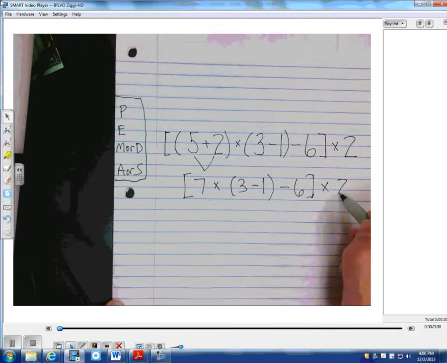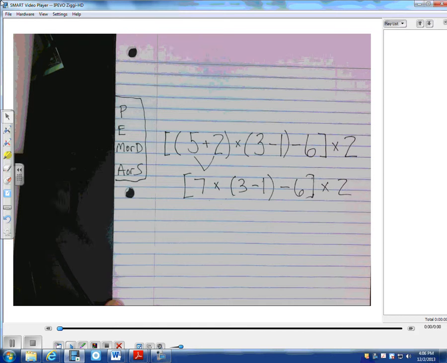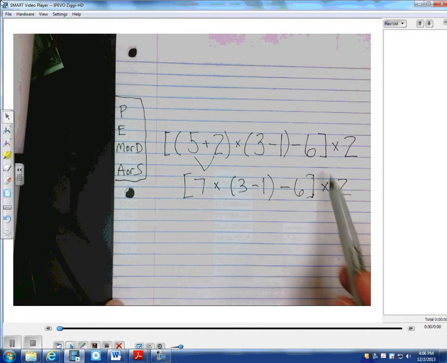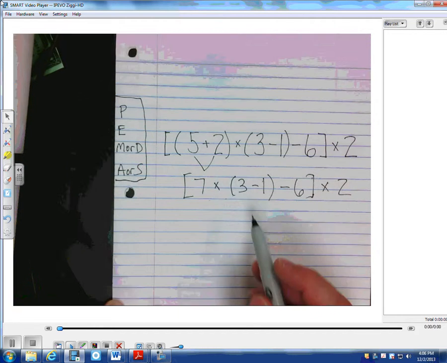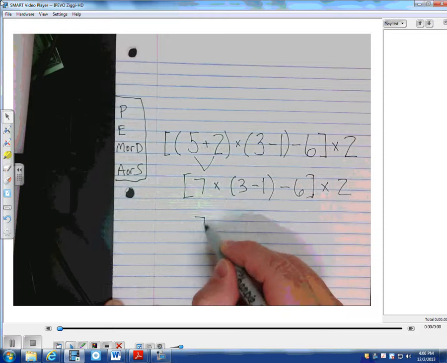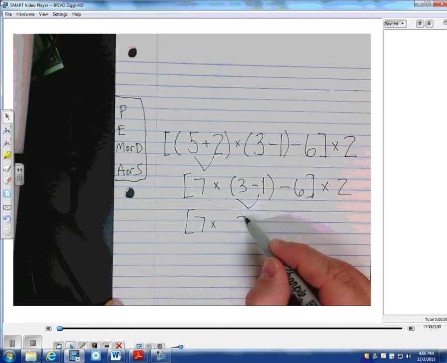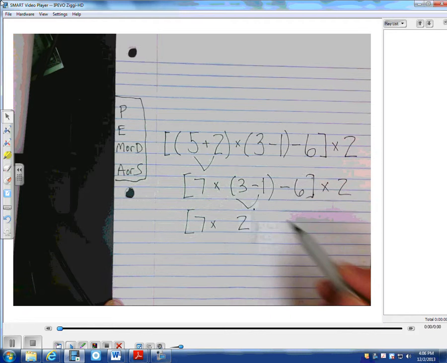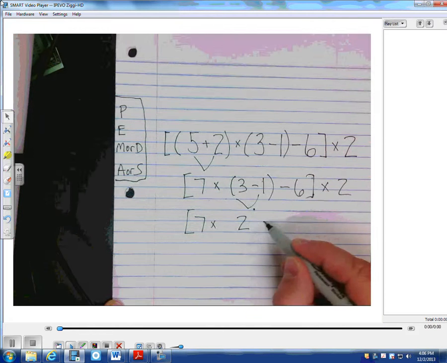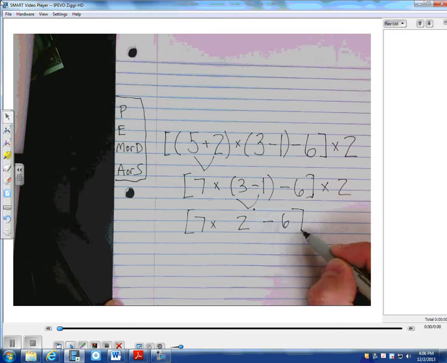Times 2. Okay, so now I'm back inside my brackets again. I have these parentheses. So I'm going to write 7 times 3 minus 1, which is 2, minus 6, times 2.